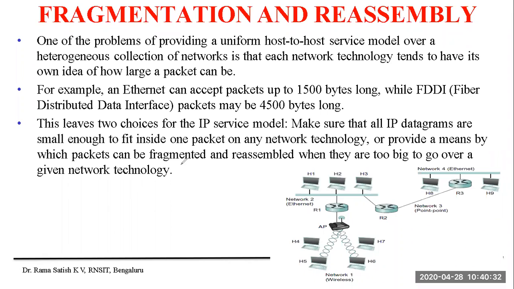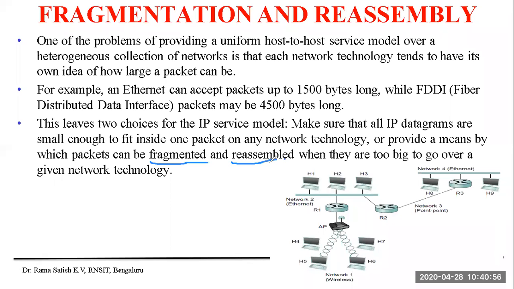So definitely we will follow another method. Provide a means by which packets can be fragmented. Yes, if it is a big one, it has to be split into smaller ones. It is fragmented, and at the receiving station, they can be reassembled.